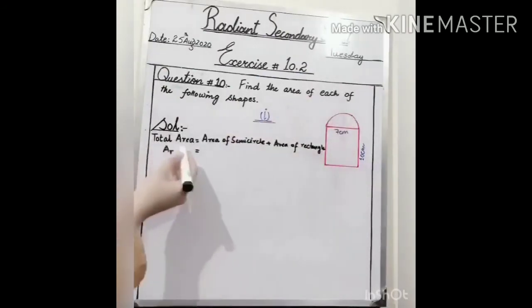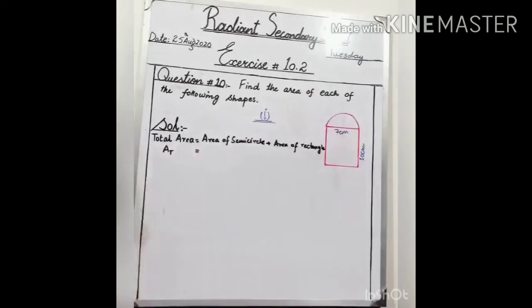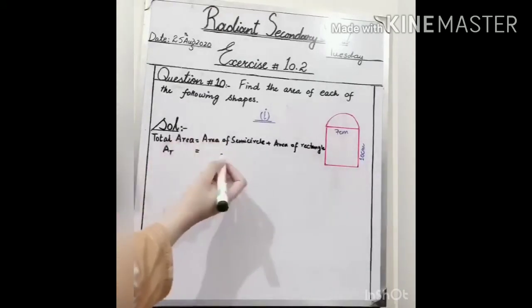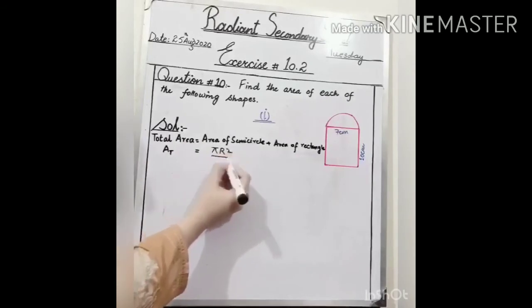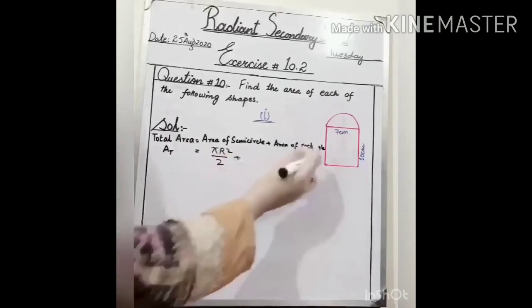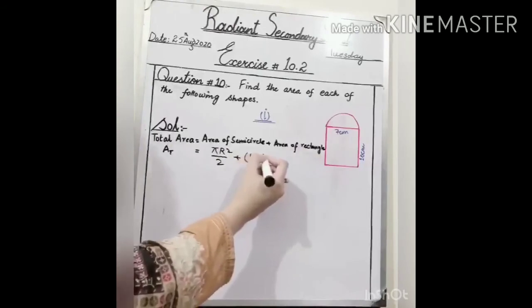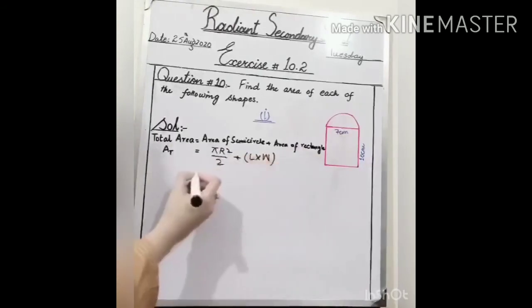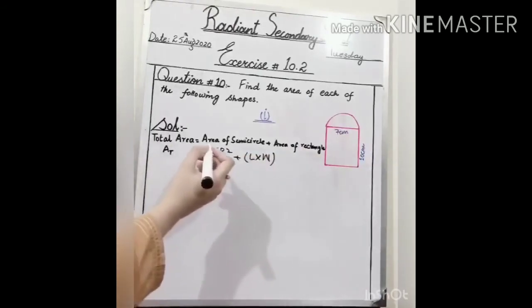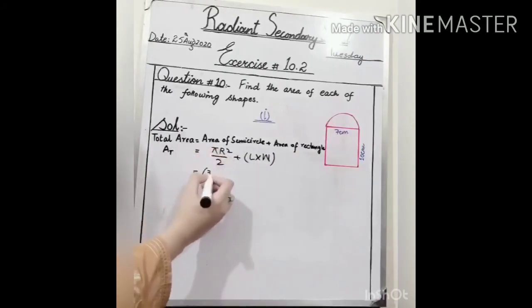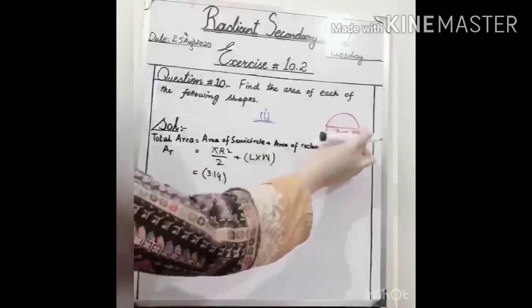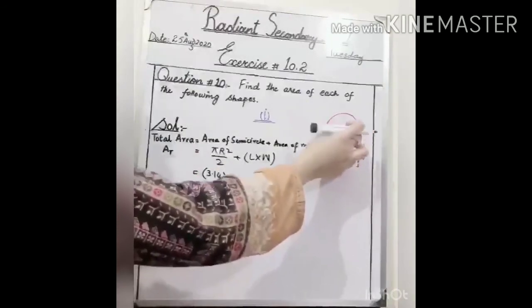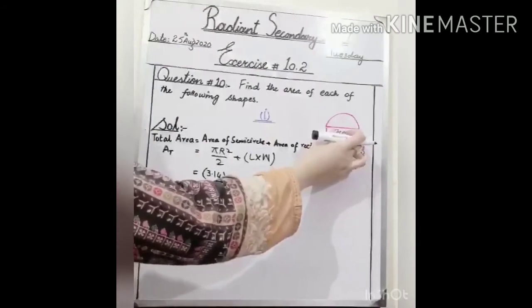So here the total area is equal to the area of the semicircle plus the area of the rectangle. The formula to find the area of a semicircle is pi r square upon 2, plus the area of the rectangle, which is length into width. The value of pi is 3.14, into here the total length is 7 centimeter, and when you half this length it will be its radius.